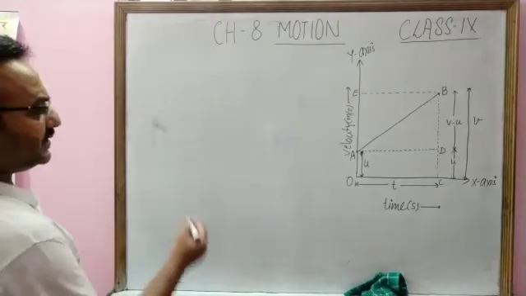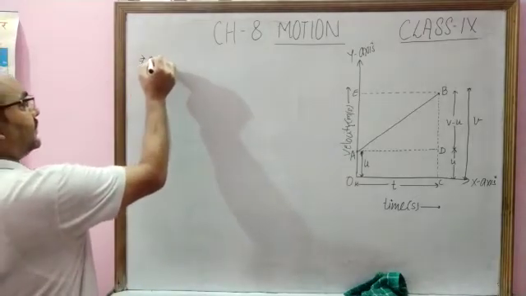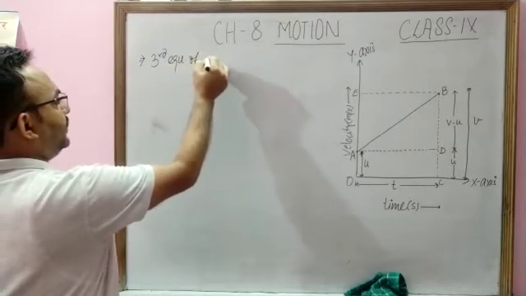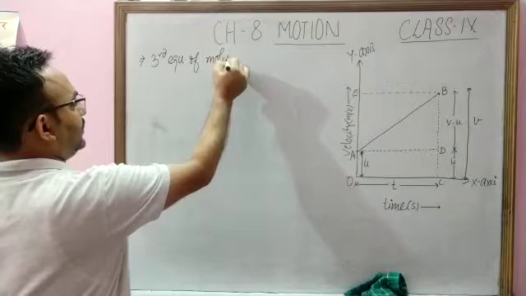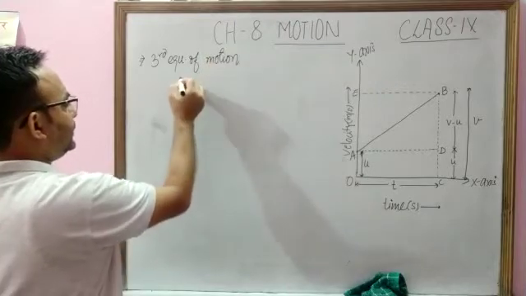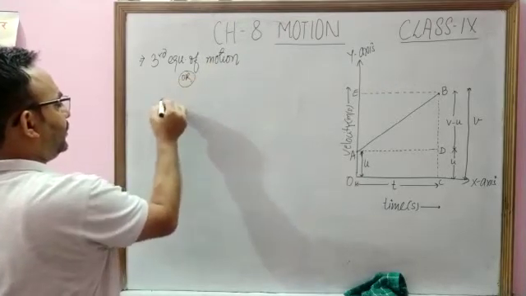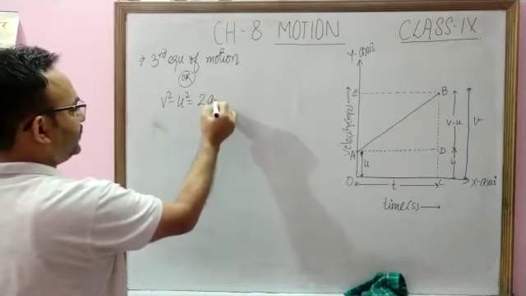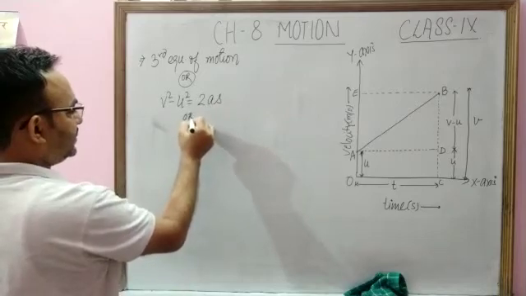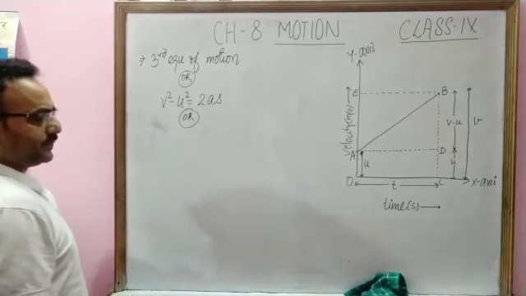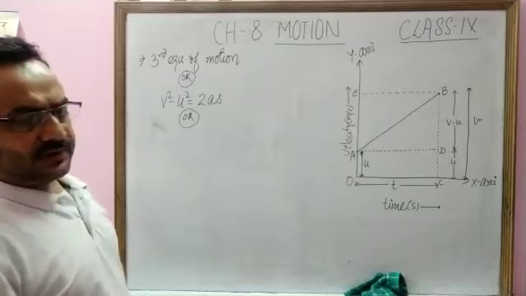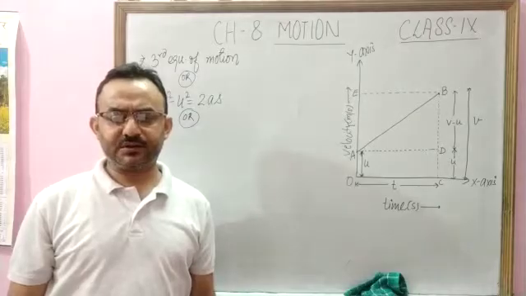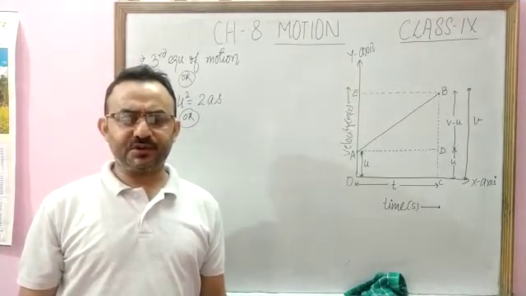So you may write here, third equation of motion, or v square minus u square is equal to 2as. Or they may ask the question as, derive the equation for position velocity relationship.